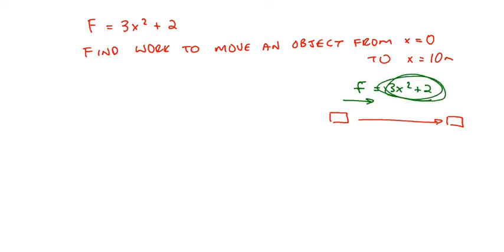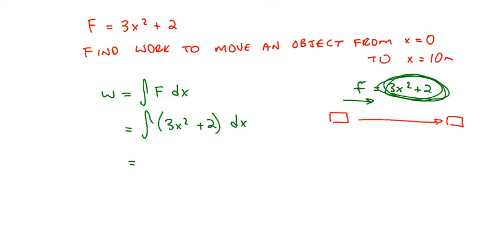Anytime you see that function of x, then you know that you have to integrate it. The work would be equal to the integral of force with respect to x. So that would be the integral of 3x squared plus 2 with respect to x. And you can see this is a very simple integral to do.